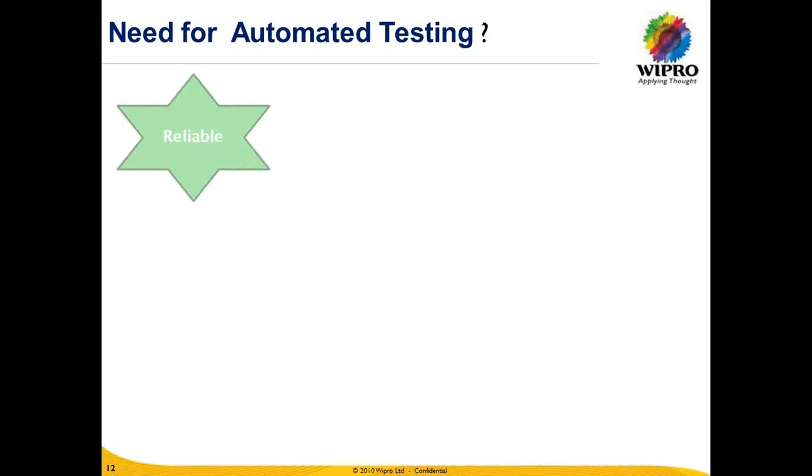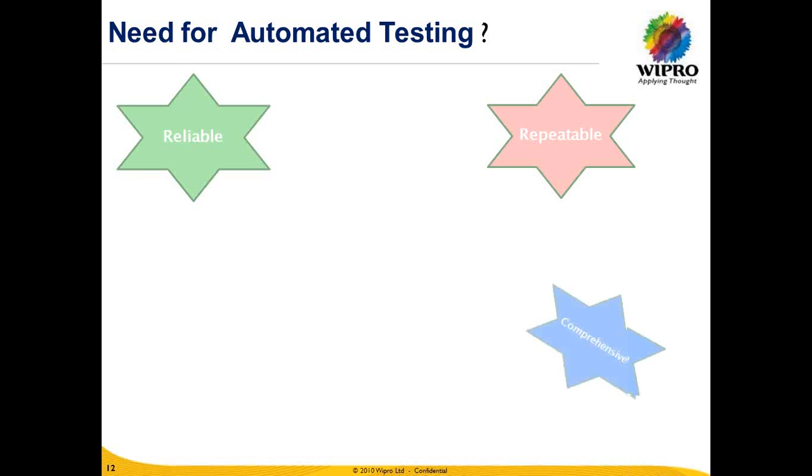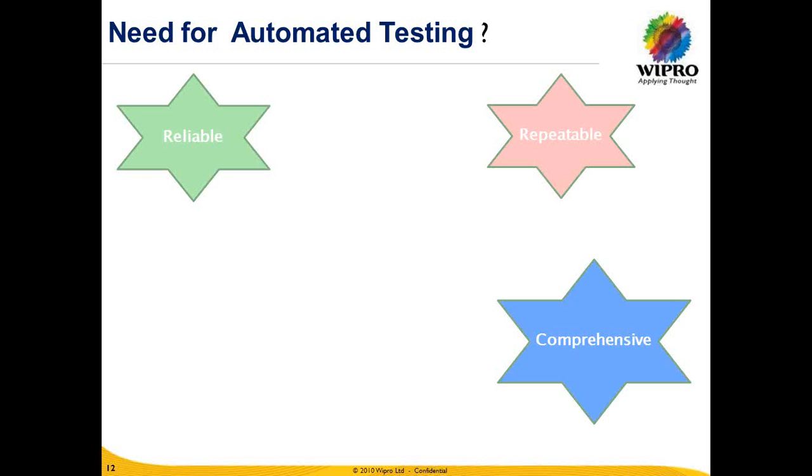The first part is it's reliable. Compared to manual testing, automated testing is more reliable. It's repeatable. What does it mean? I can write a script, execute it, and repeat it a number of times. It's comprehensive. Through a proper framework, we can cover almost 80 to 90% of the testing.